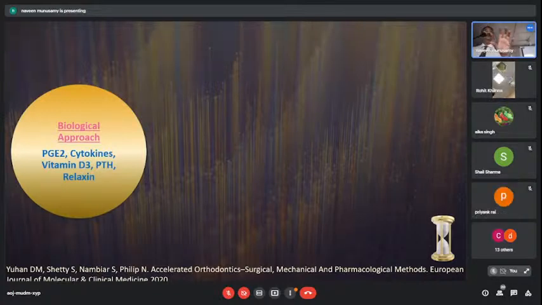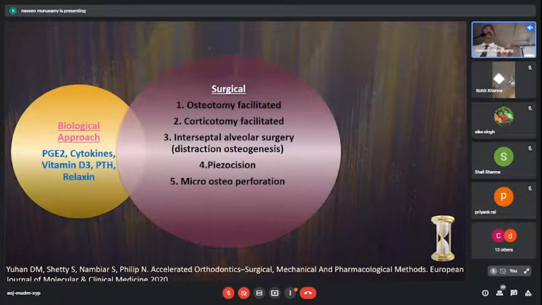The second is the surgical method, which is the most acceptable method of accelerating orthodontic movement and has the most promising results in terms of increasing the rate of tooth movement. This consists of osteotomy facilitated, corticotomy facilitated, or distraction osteogenesis, piezocision, or microosteoperforations.